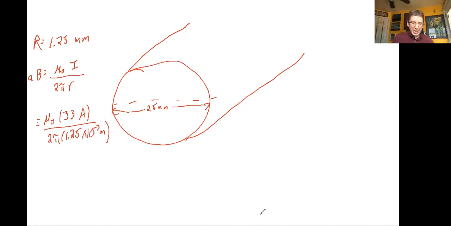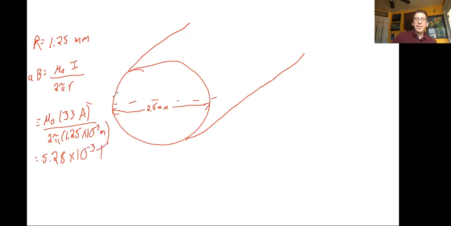So again, mu naught is 4 pi times 10 to the negative 7. So we can just write this as 2 times 10 to the negative 7 times 33 divided by 1.25 times 10 to the negative 3. And that gives 5.28 times 10 to the negative 3 Tesla.